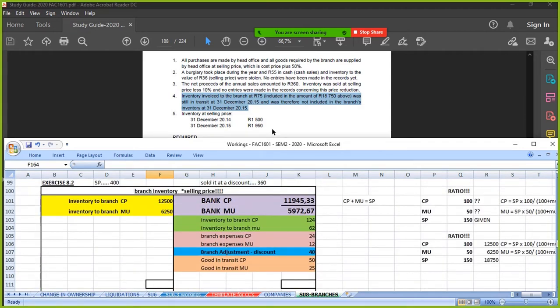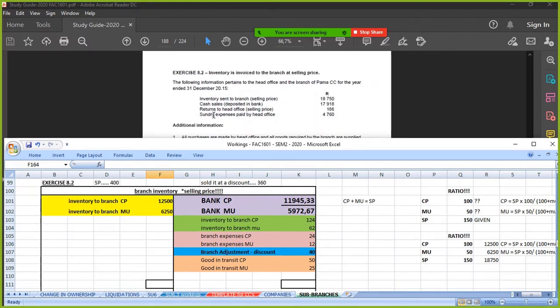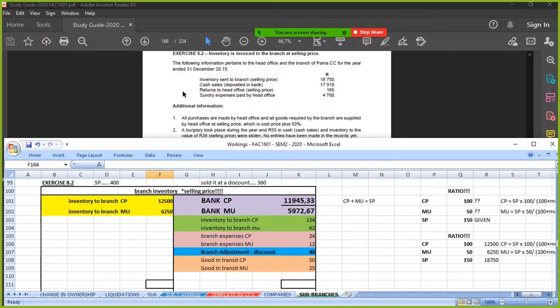Yes. Okay, last bit. Point number 5 says inventory at selling price. Okay, I know this is at selling price. They tell me what I had at the beginning and they tell me what I had at the end. Okay, be careful with this one though. I see they don't like writing what this is for. Let me go see what they said here. Okay, maybe it's actually fine. They don't have to specify that's branch inventory, because at the top here they say the following information pertains to the head office and the branch.